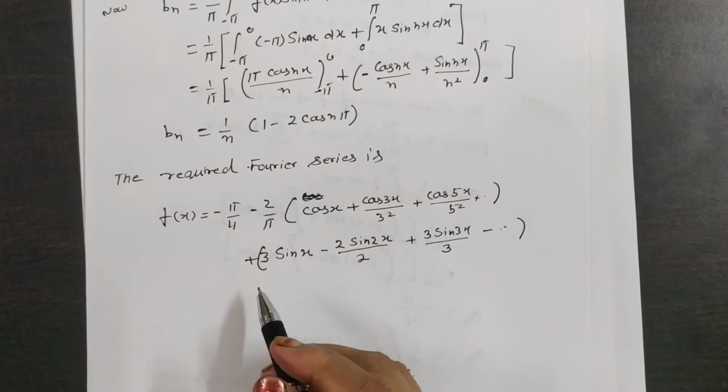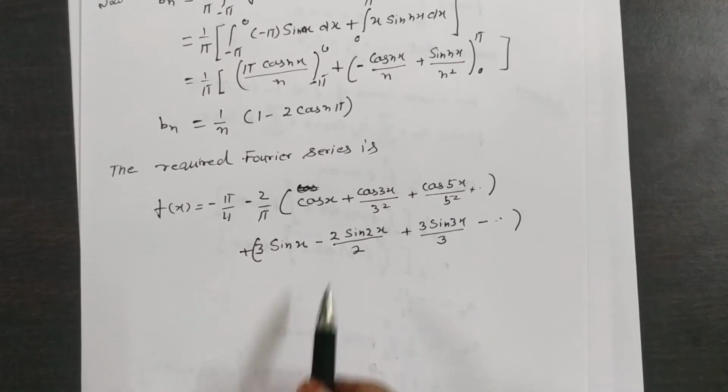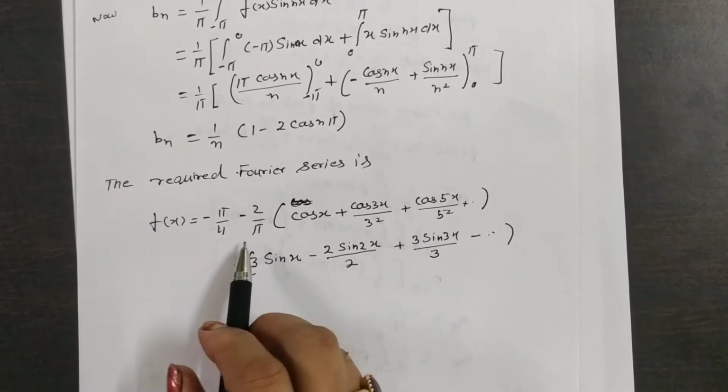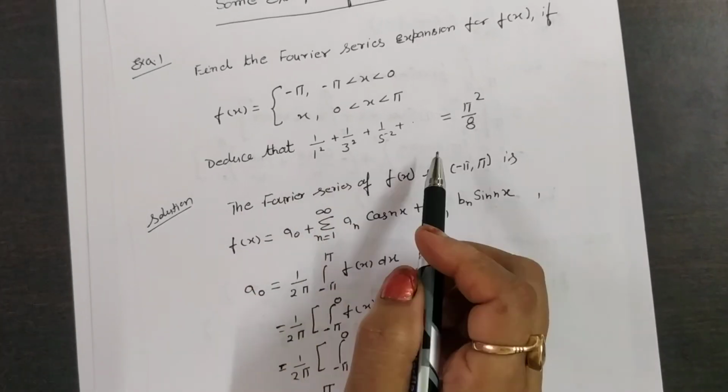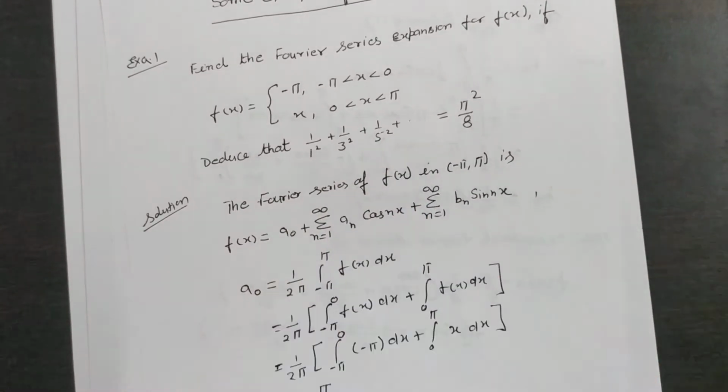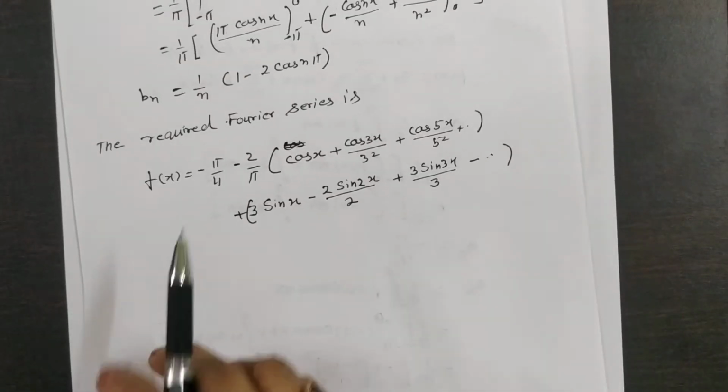Here in this series you get the solution of this Fourier series, but in your question you also have to deduce this one. So for this we use the earlier result, which is the Fourier series.